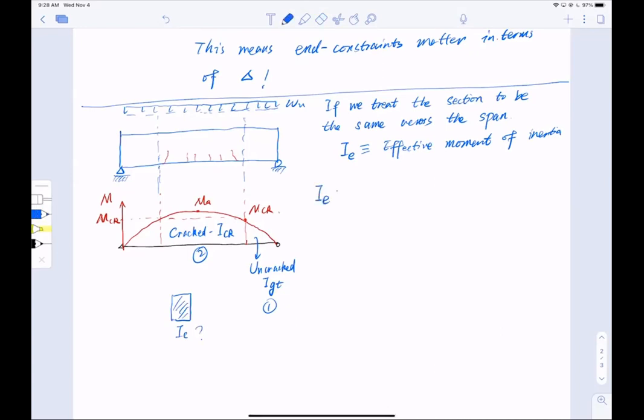The I effective equals MCR, the cracking moment, divided by MA, which is the maximum moment across the section, to the power of 3, multiplied by IG, plus bracket, 1 minus MCR divided by MA to the power of 3, bracket outside, ICR.